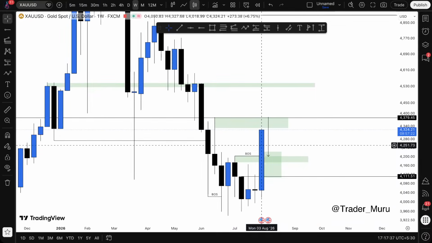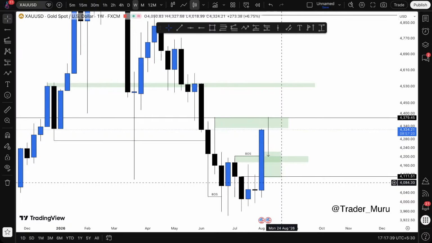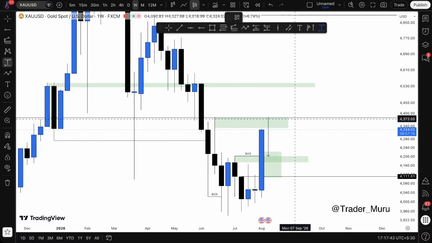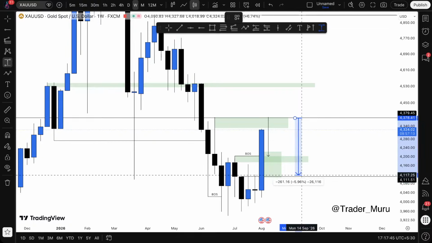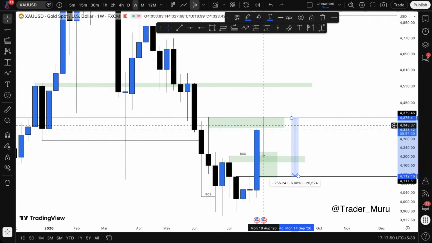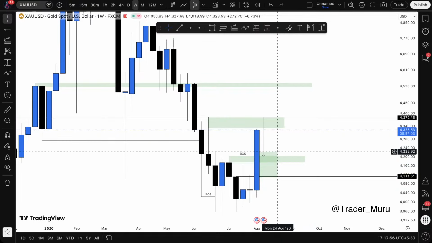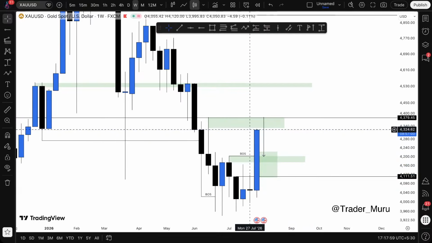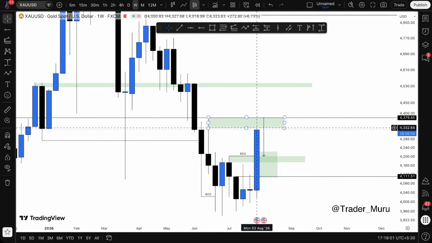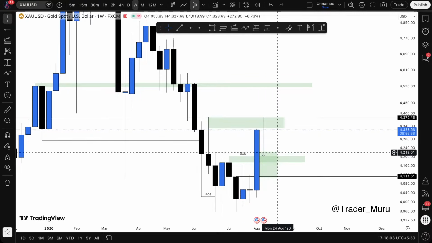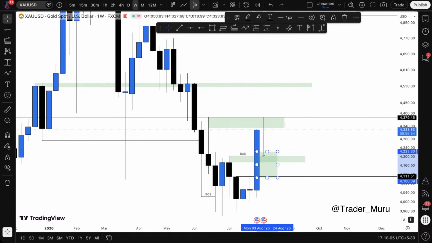If price wants to stay bearish, it needs to drop at least more than $266. Looking at the fundamentals, that seems impossible right now. So we will be watching for the nearest target, which is yesterday's low, nearly 4223.